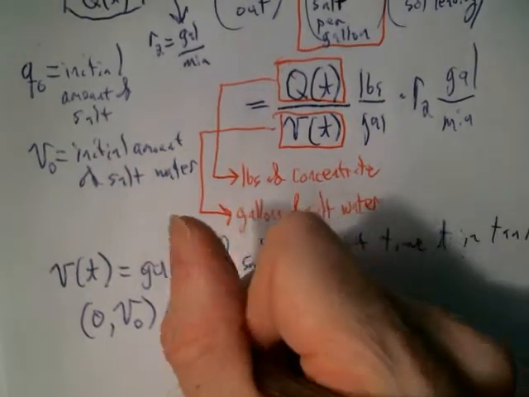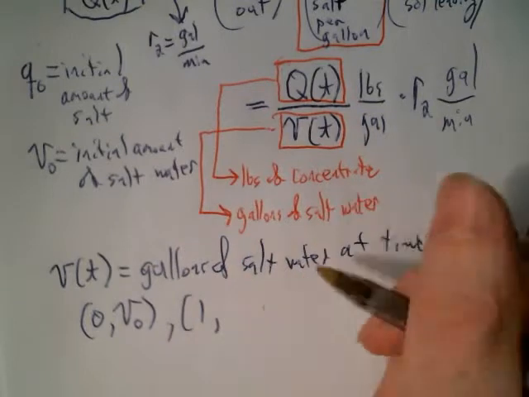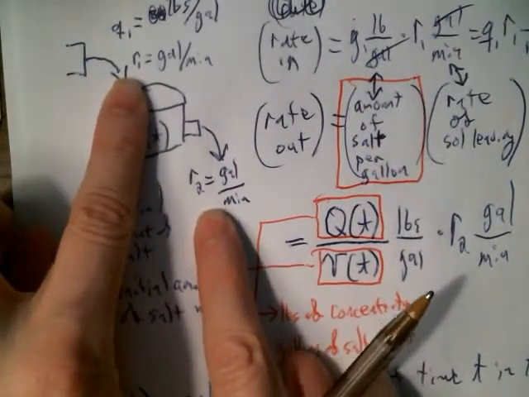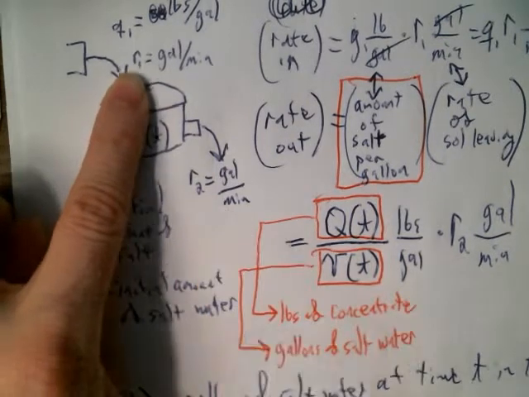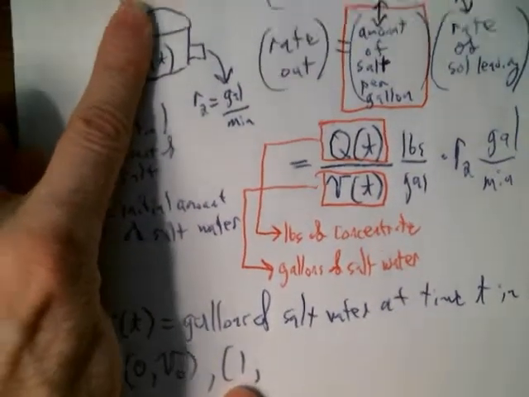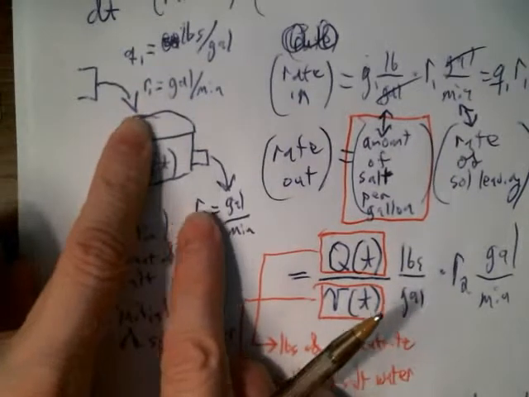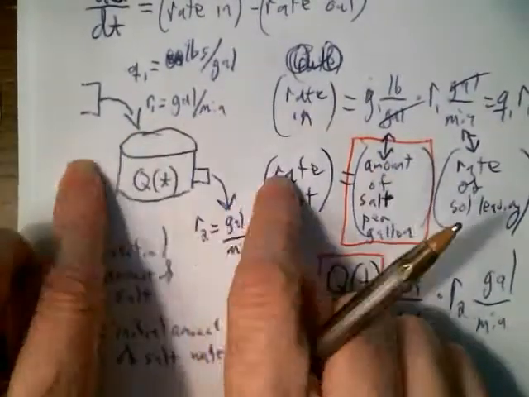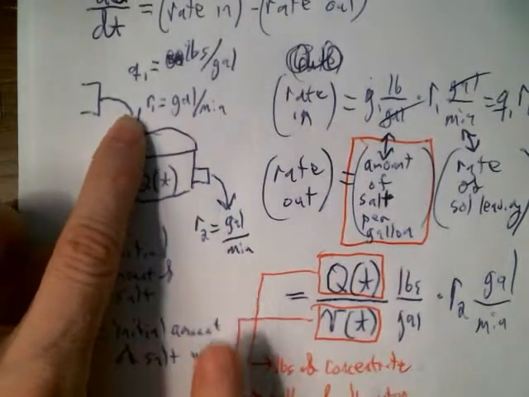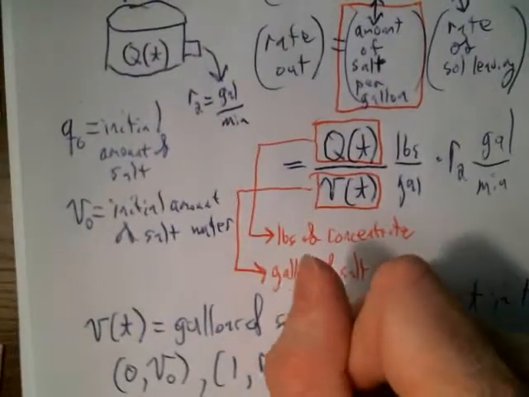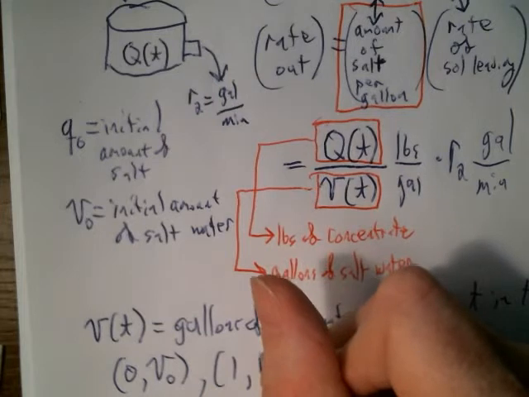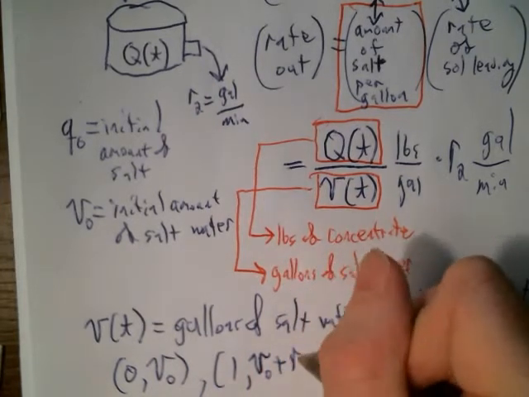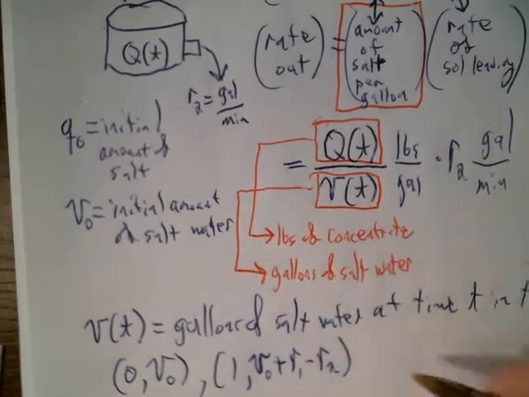At time 1, we have R1 gallons per minute coming in and R2 gallons per minute going out, so the additional salt water after 1 minute will be R1 minus R2. So it would be V sub 0 plus R1 minus R2.